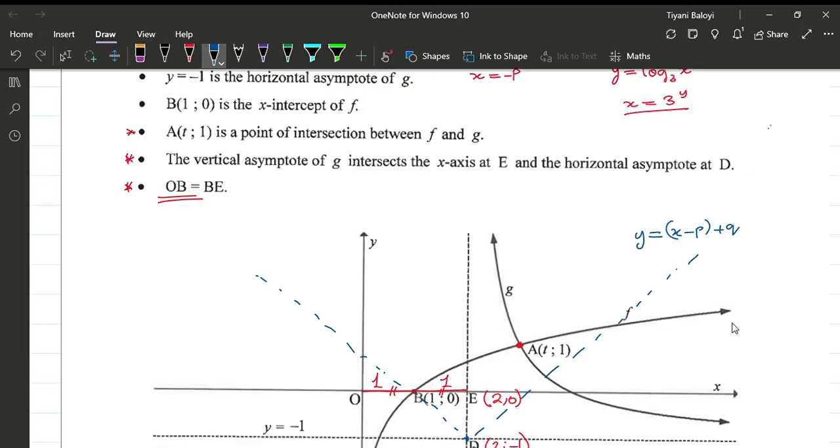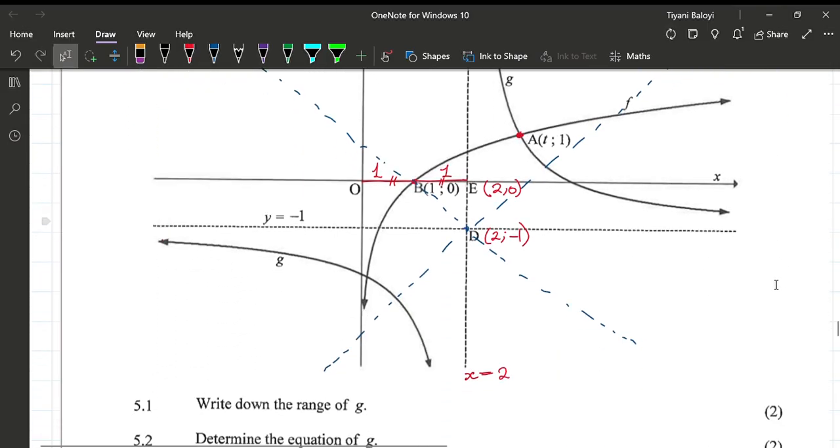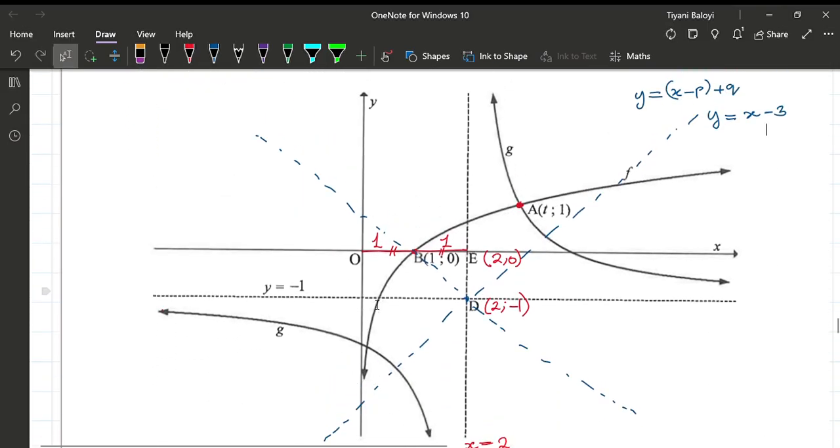This will give you y is equal to x minus 3, which makes sense because this is minus 1. We expect minus 2 to be around there, and then minus 3 around here, right?